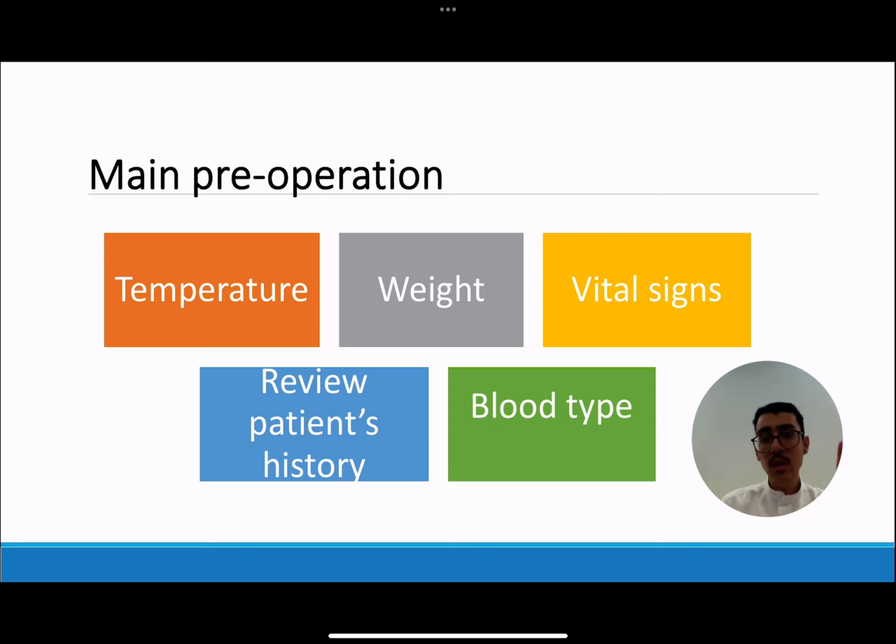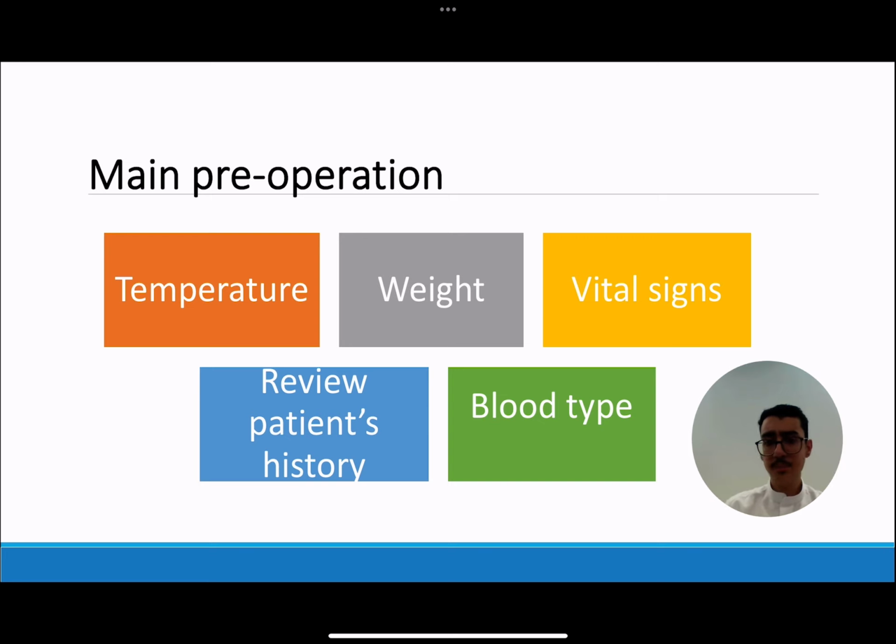Like you know, there are 4 blood types: A, B, AB, and O. It is important to know the patient's blood type so we don't give them the wrong type of blood, because when you give them the wrong type of blood, it may cause death, because each blood type has its own specific antigens.